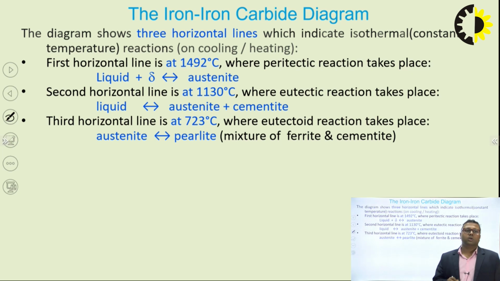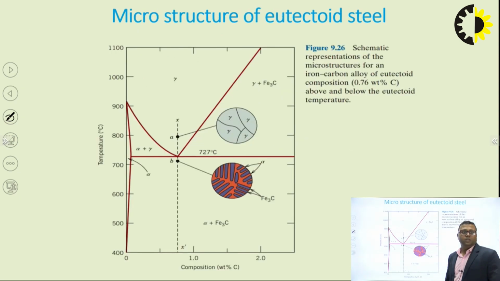The third horizontal line is at 723 degrees centigrade, where eutectoid reactions take place, and here austenite converts into pearlite on cooling, and this pearlite is a mixture of ferrite and cementite.